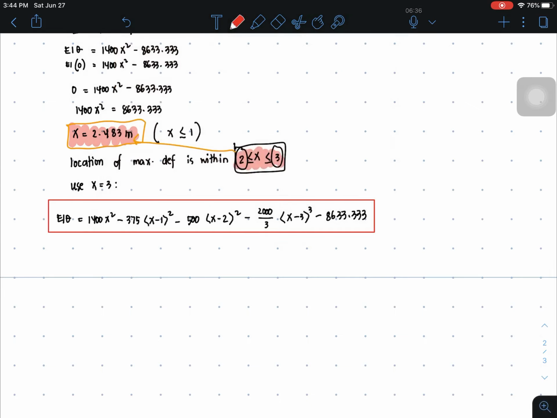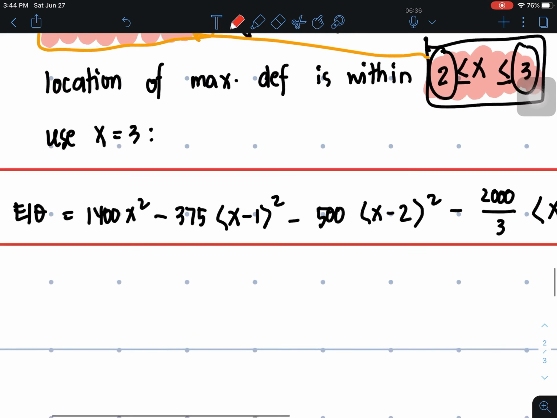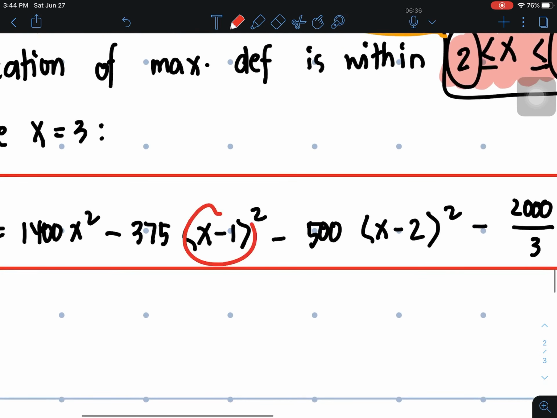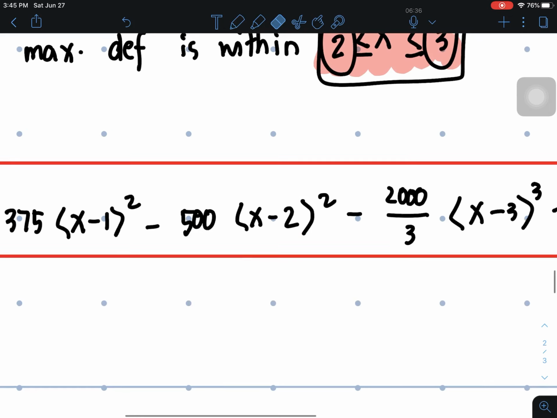For example, if akong i-substitute si x equal to 3 dira, so naara ang value. How about this? This is 3 minus 1, so positive 2. So naara na siya nga value. So dili na siya mawala. Next, how about this one? This is 3 minus 2. This is positive 1. So kana siya, naagyapo na siya nga term. How about this one?